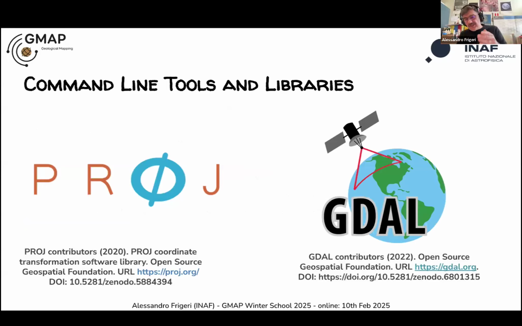And GDAL, the Geospatial Data Abstraction Library, is a library which ensures that we can translate between formats and reproject data. So even if we don't see them working, those projects are the base of our work when we are doing FOSS4G for planetary.